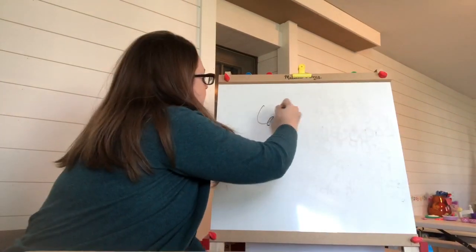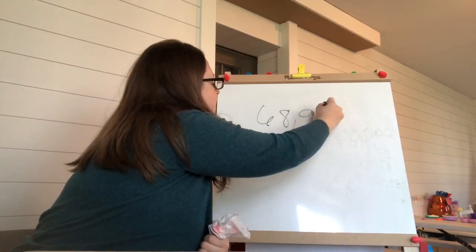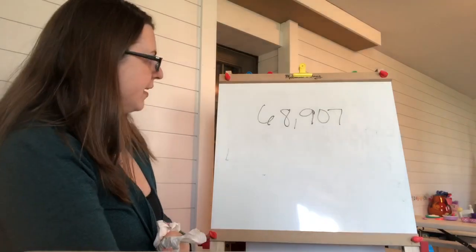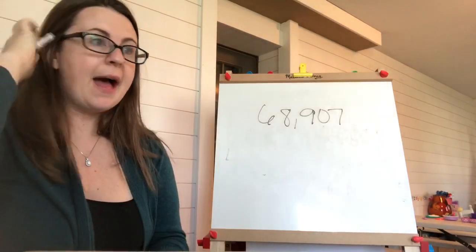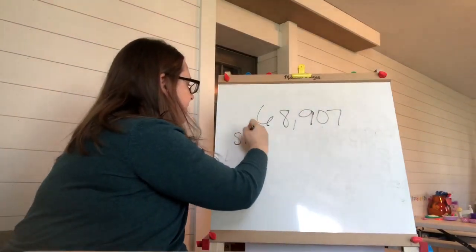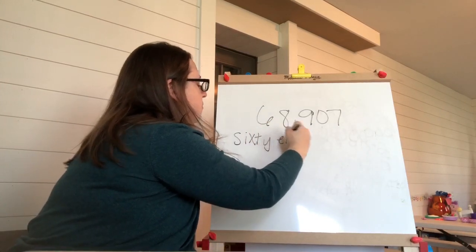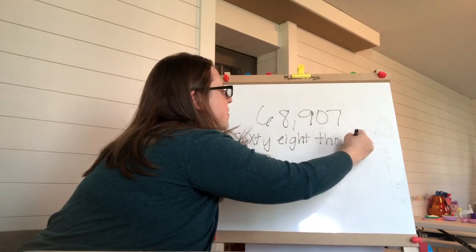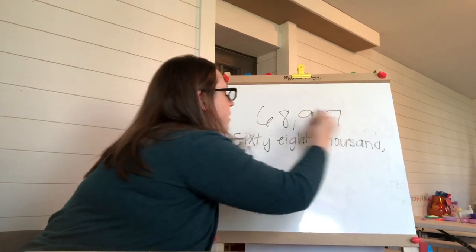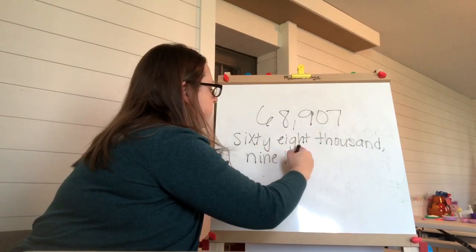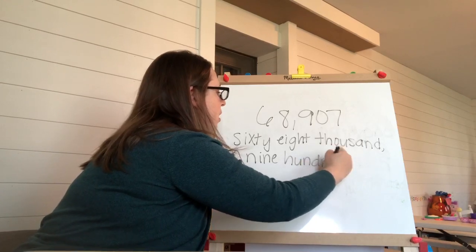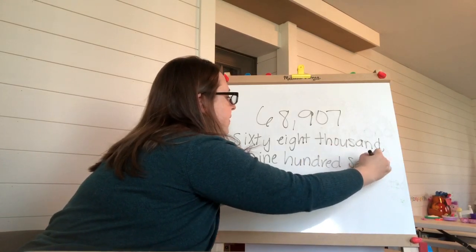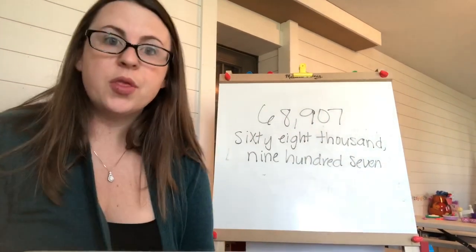So, for example, if I have 68,907, we need to make sure that we are able to write that out. 68,000, because that comma tells me it's the thousands place. 907. So you're just matching the riddle with the word form.